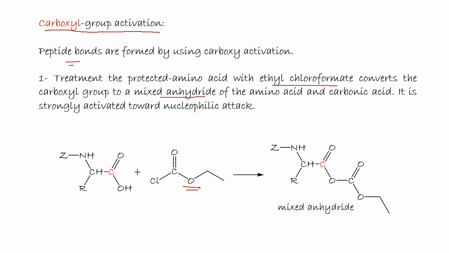Ethyl chloroformate with the protected amino acid will convert the carboxyl group to a mixed anhydride. That's the anhydride part.